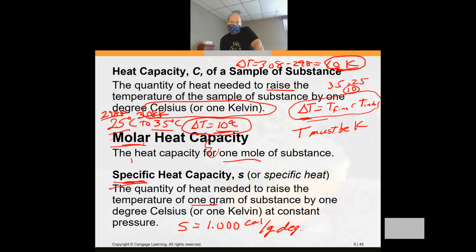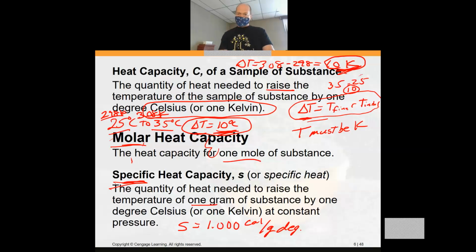And every time you do that, you'll see that your delta T in Celsius and your delta T in Kelvin are identical. And so that's why it says when you're changing the temperature, it's going to go up by 1 degree Celsius, or you could use 1 degree Kelvin because, as you see in this example, going from 25 to 35, it is both a 10 degree change. 10 degrees Celsius or a 10 Kelvin change.